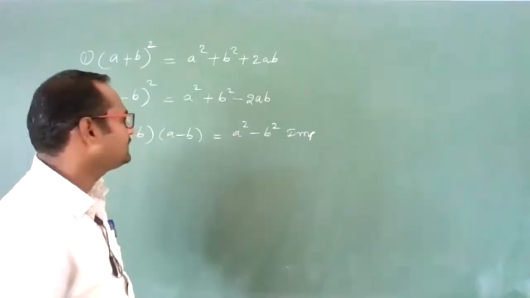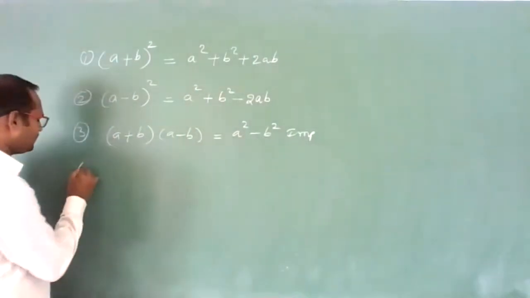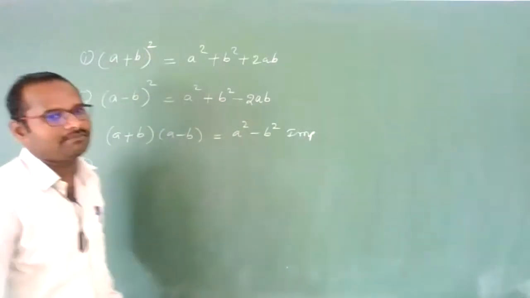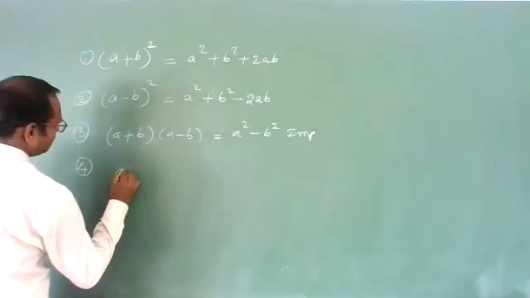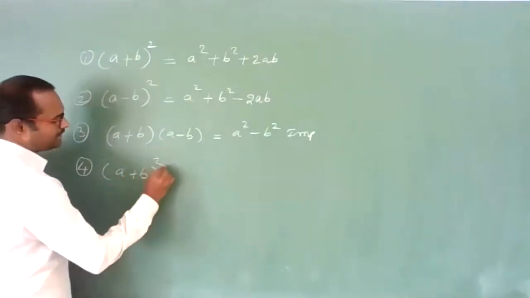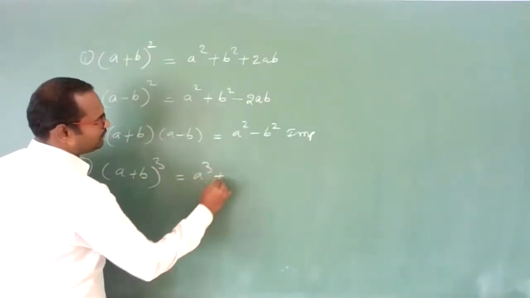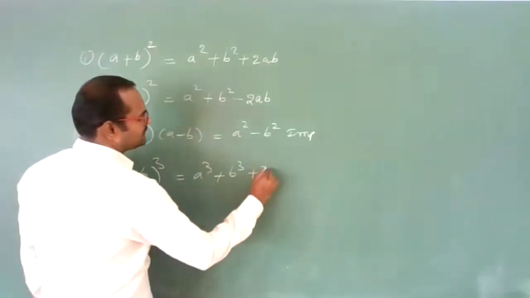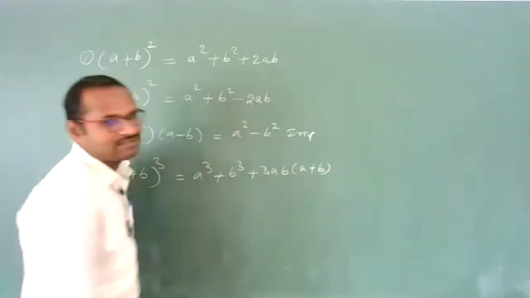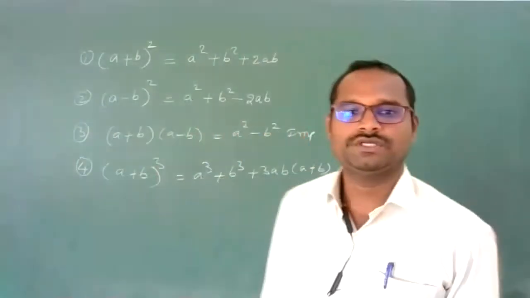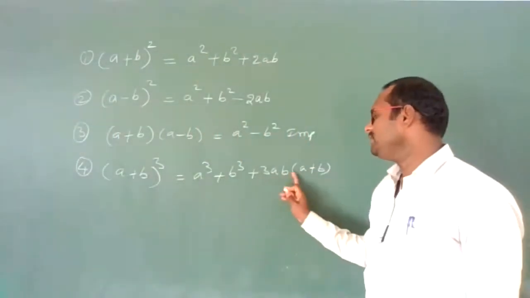And next, one more is there, but we will not use that equation many times. That is a plus b whole cube. What is a plus b whole cube? It is a cube plus b cube plus 3ab into a plus b.